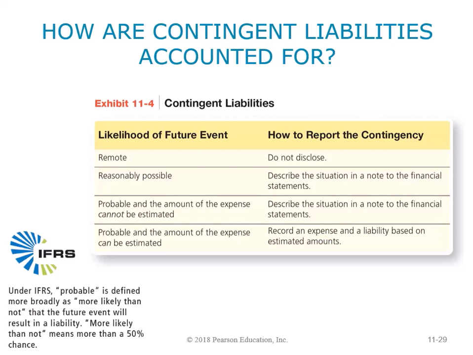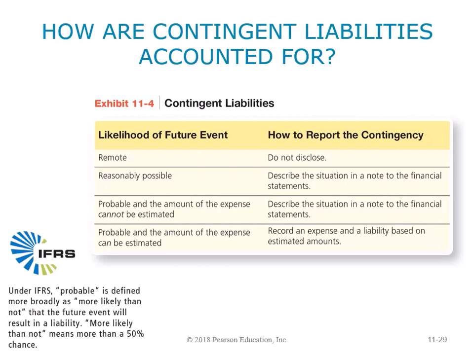If the likelihood of us having to pay this liability is remote, we are not going to accrue it, and we are not going to disclose it in the financial statement footnotes. If it is reasonably possible but not probable, then we are not going to accrue it, but we are going to disclose it in the financial statement footnotes.